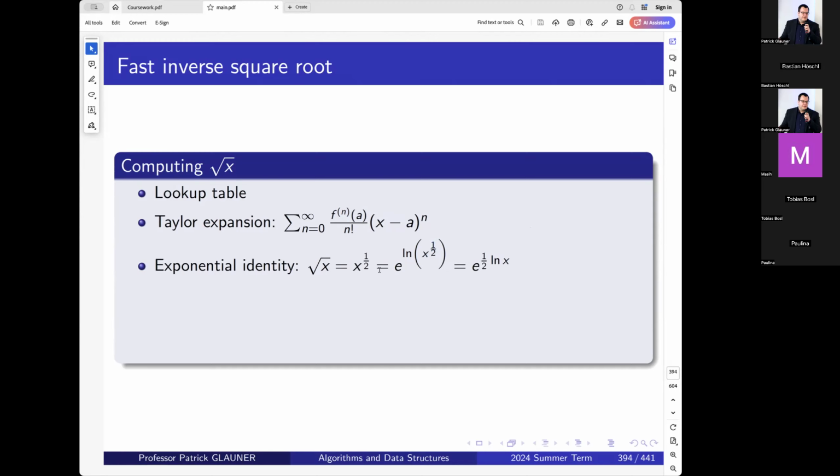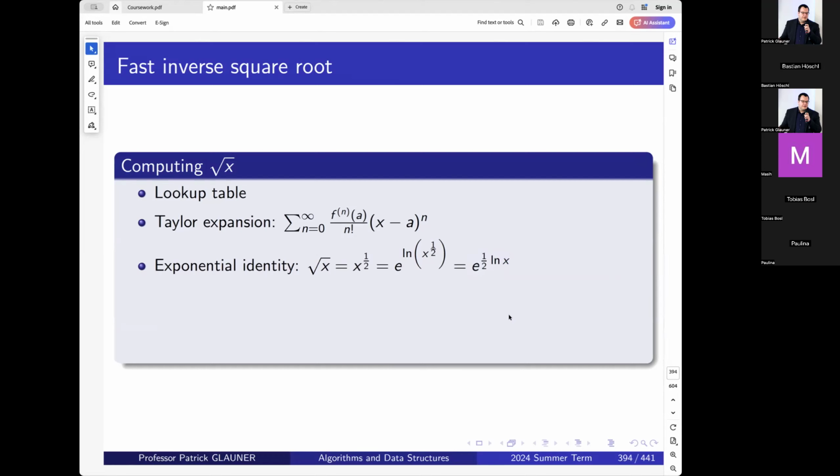So we can do that in order to rewrite this. So far, it doesn't seem to lead to an improvement, but when you have ln of x to the half, you can just move the half in front. So if we know how to calculate the e function and the ln function, we can use this now to calculate the square root function.